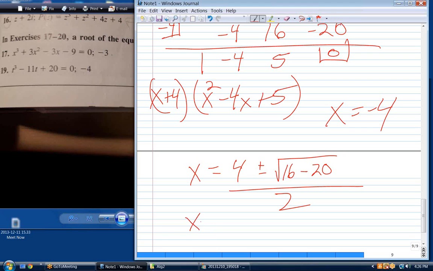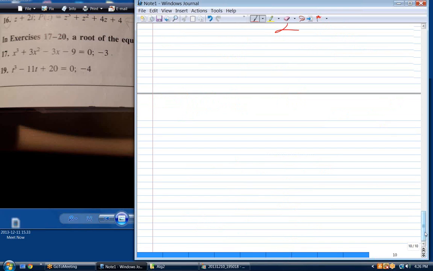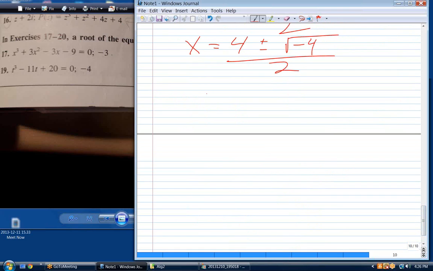Okay? What's the next line? So then you would get 4 plus or minus the square root of negative 4, or 2 times 2i, over 2.